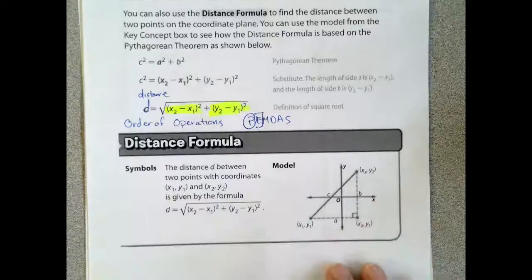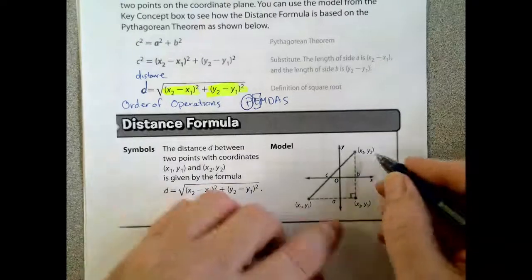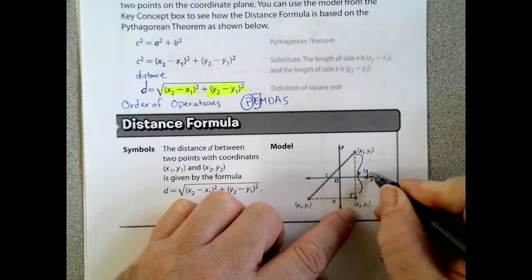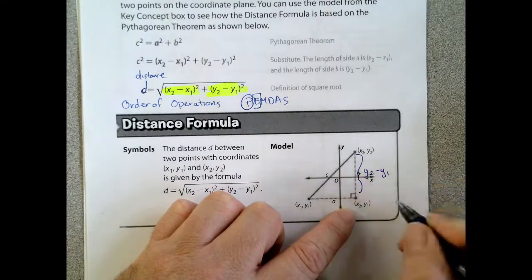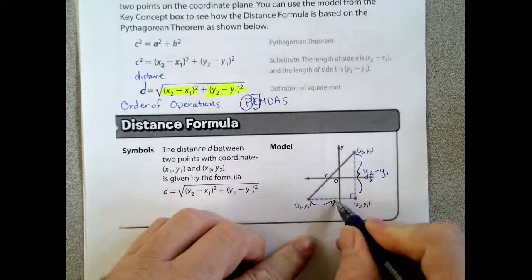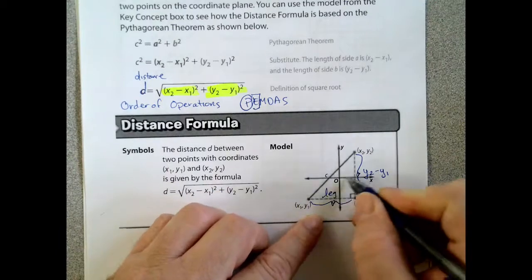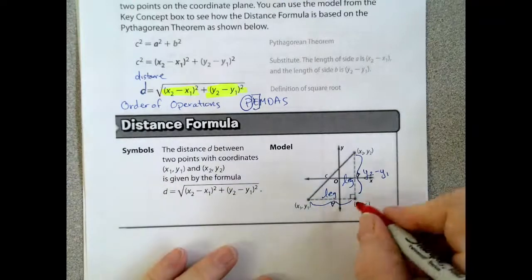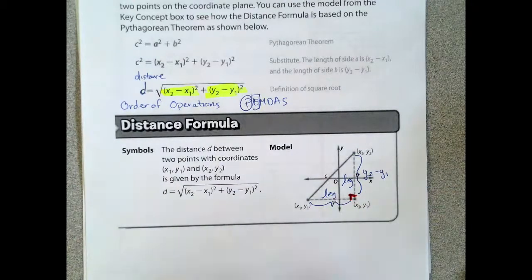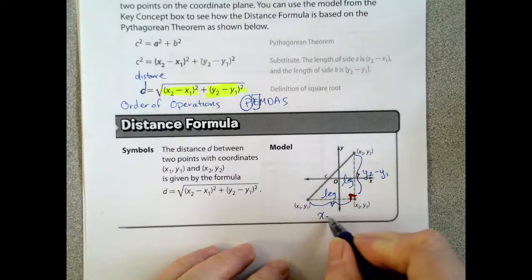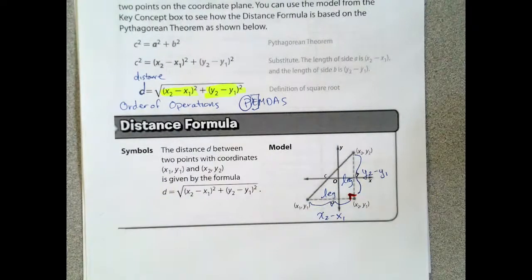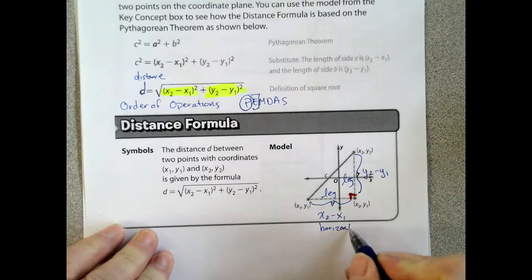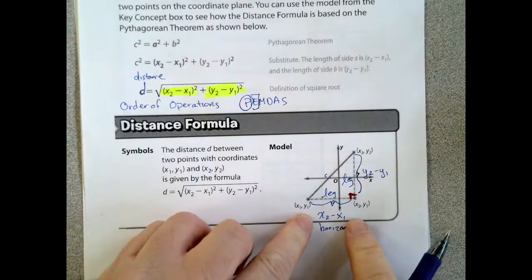And here's a visual model of what we just talked about. This distance here is y2 minus y1. And this distance here, so it's just this leg and a leg. So you're still doing the legs of the right triangle. And this is x2 minus x1. Very important here: this is your horizontal, the difference in the x coordinates.